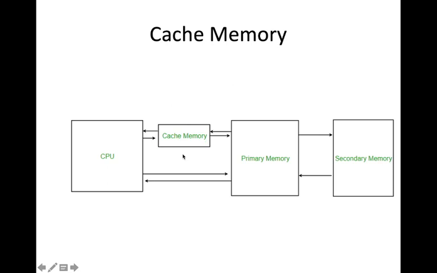It stores data from frequently accessed memory locations. So the CPU can simply refer to this cache memory and see where that frequently accessed program is, then fetch from the primary memory. That is why we use cache memory.